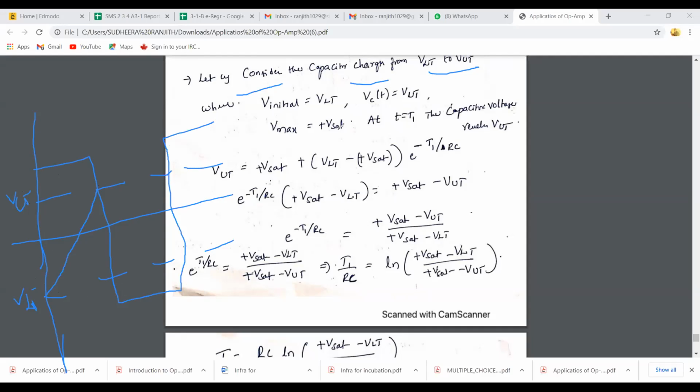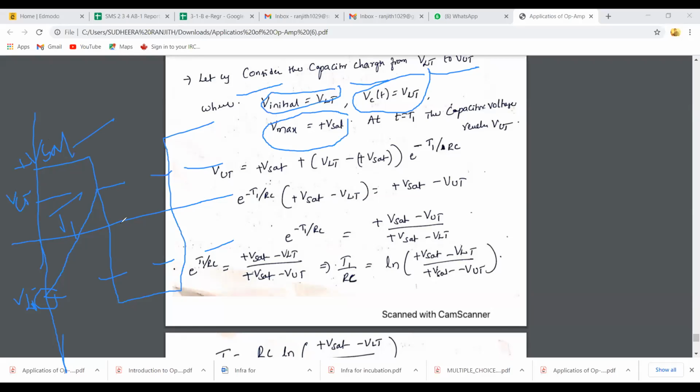Capacitor charging from VLT to VUT means, what is the initial voltage in the capacitor? VLT. What is the maximum voltage towards which the capacitor is charging? Plus Vsat. It charges towards plus Vsat. Suppose the time at the end of this cycle is T1.